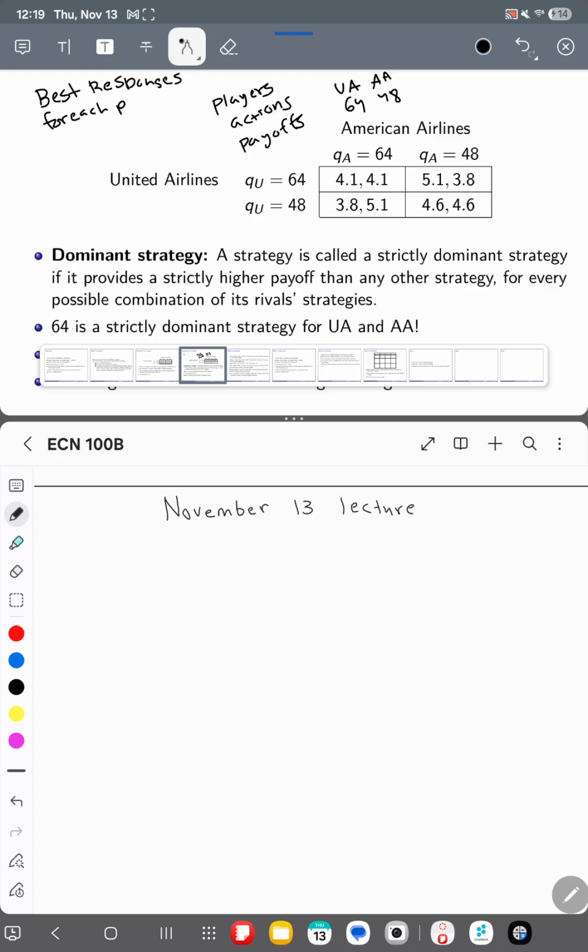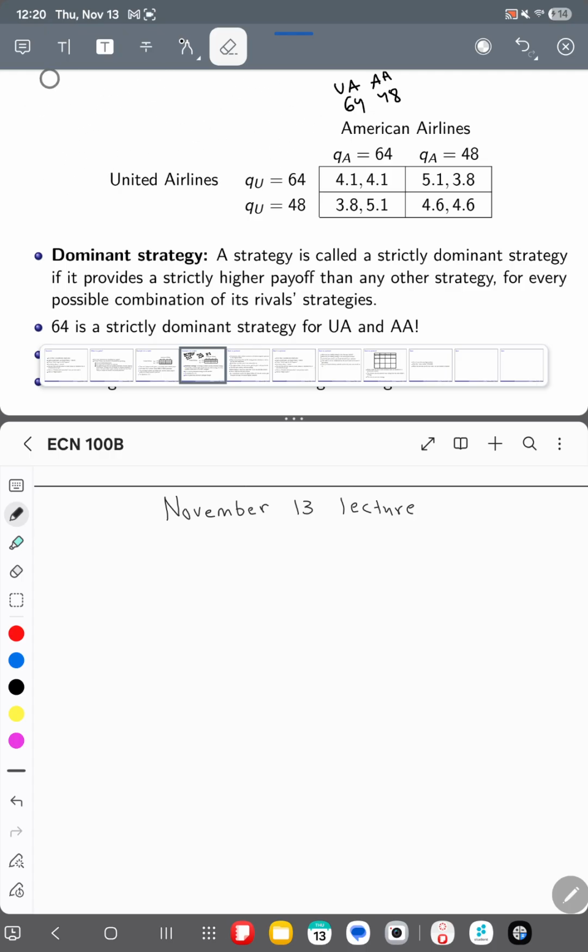So let's start with the first question. Let's say that you know that American Airlines is going to fly 64,000 passengers, so they're going to play 64. I want you to tell me what you think is going to be the best response for United Airlines. Is the question clear? Anyone, what would be the best response for United Airlines? Tell us which numbers you compared to get to your answer.